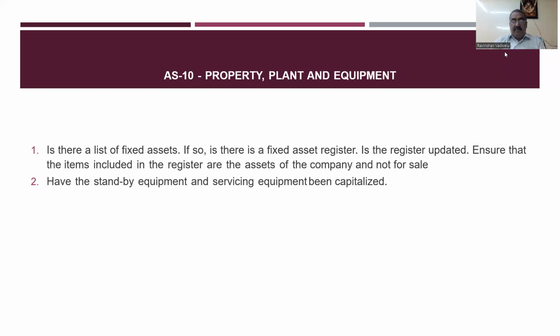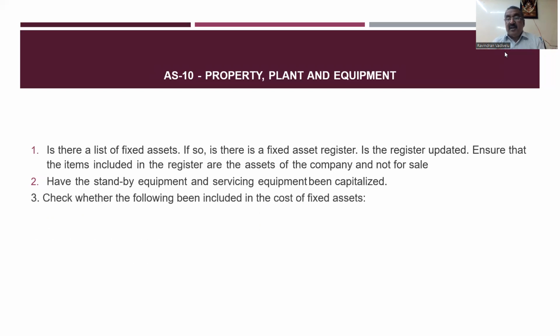If that has been capitalized in the accounts, you also have to see that. This property belongs to someone else, this is only standby, it can be destroyed at any time, so it should not be included in the assets. So the practicing unit has to see all this. Sometimes the company would have capitalized such items, but as a practicing unit, you have to see whether those types of items have been capitalized or not.